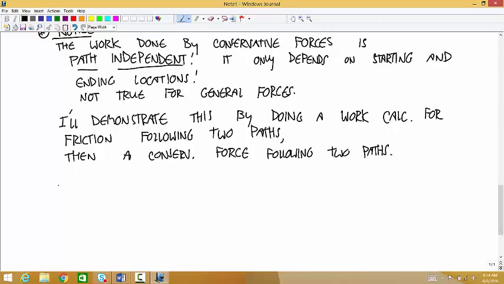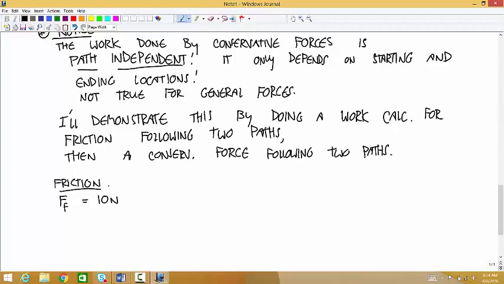So friction. Let's say that the force of friction is 10 newtons.